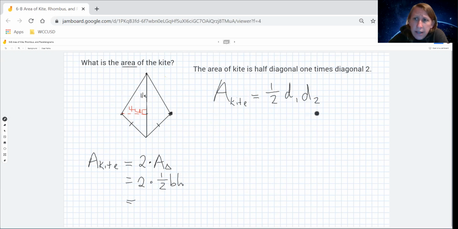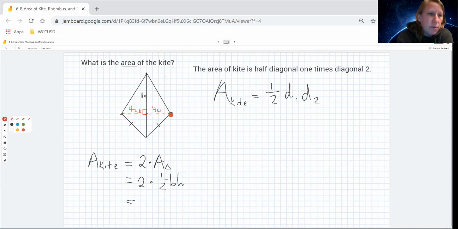Okay, so where are the diagonals in the kite? Well, this diagonal, the long diagonal, is there. Where's the short diagonal? That's going to be through the kite from one vertex across to the other. So if this is 4, this is also 4. So what's the total diagonal 2, I'll call it? This diagonal is 8.